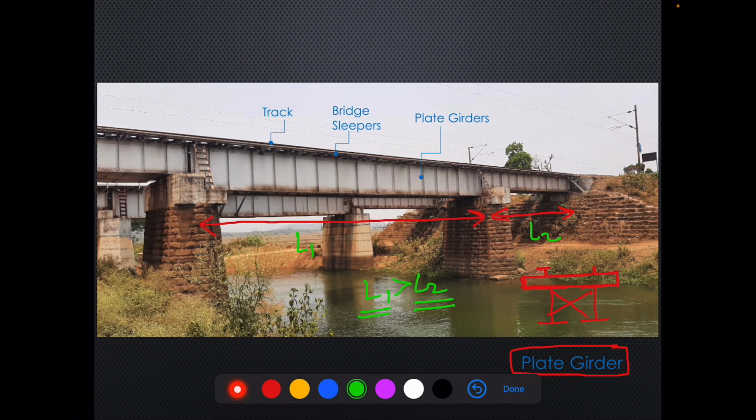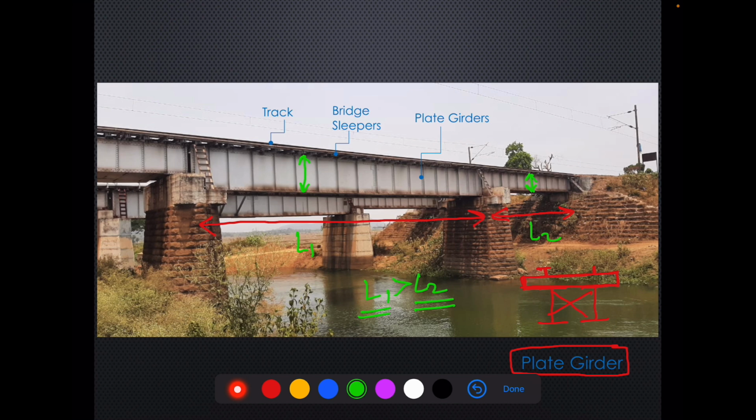So as the length increases, depth of girder also increases. When the span length is less, girder depth is also lesser because we have the requirement of greater sectional area for longer spans.